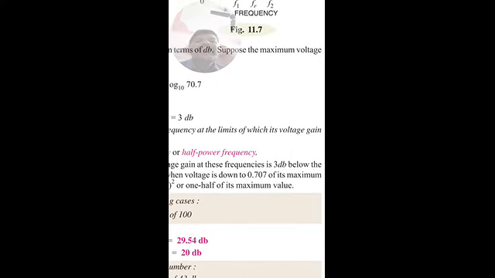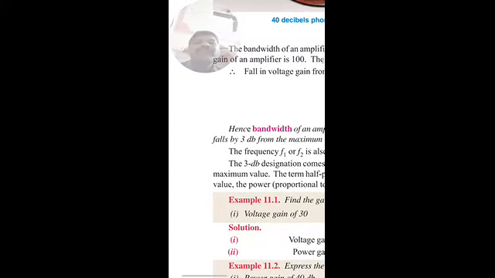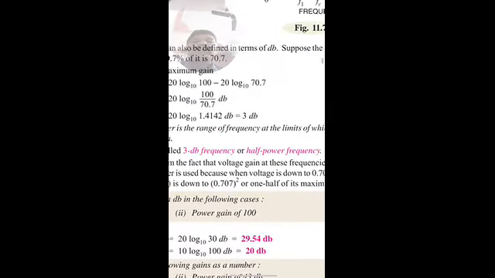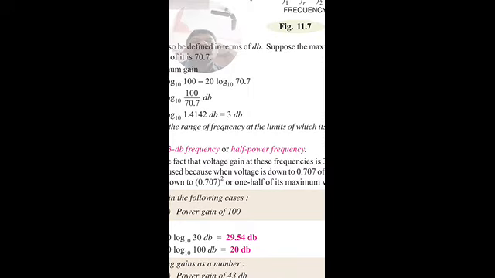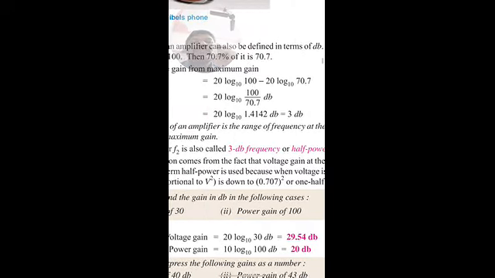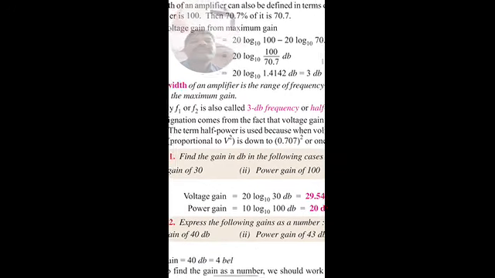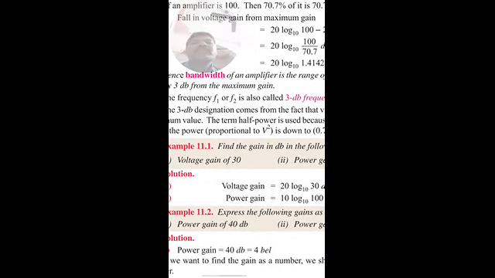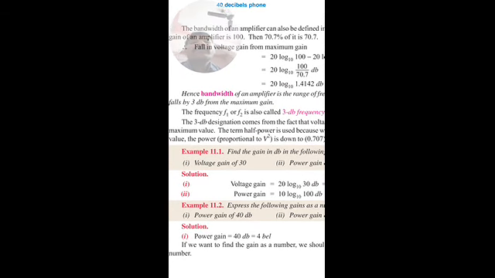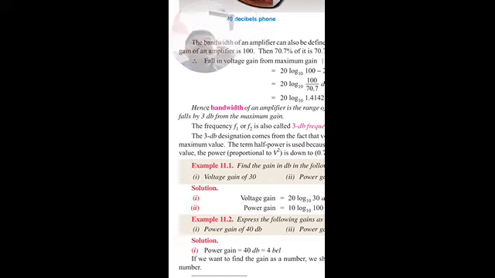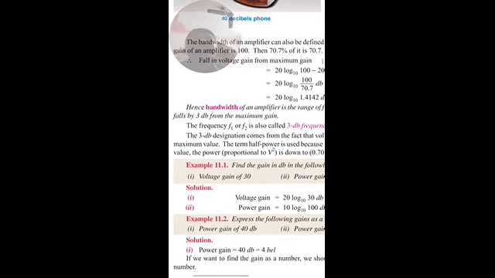When the voltage gain falls to 70.7% of its maximum value, the voltage will fall to 1 by root 2 times its maximum. Hence they are called half power frequencies or 3 dB frequencies.